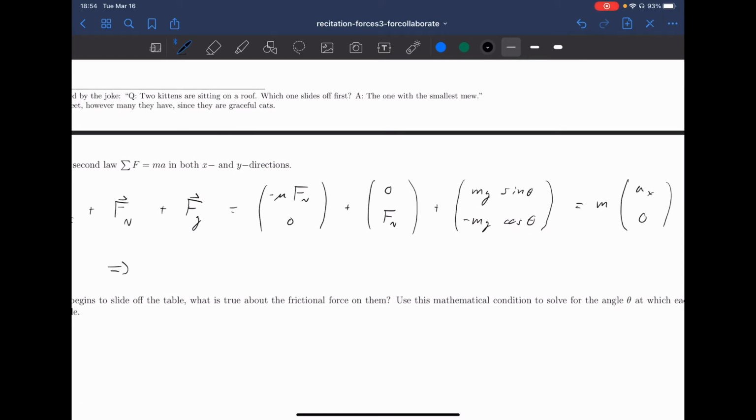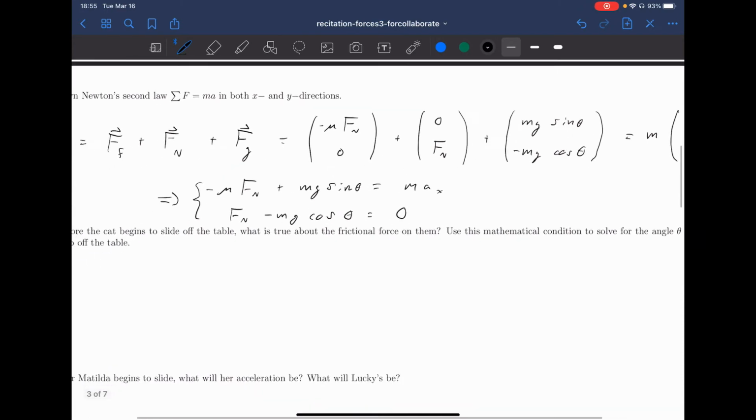So down here now we have minus mu Fn plus mg sine theta is equal to max, and Fn minus mg cos theta is equal to 0.